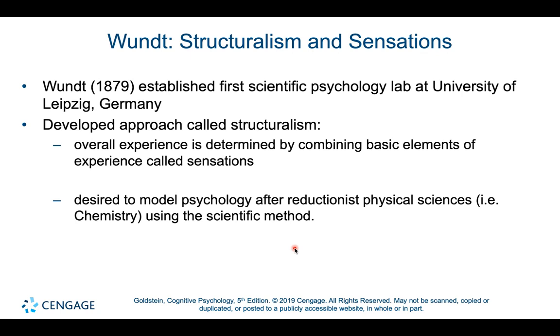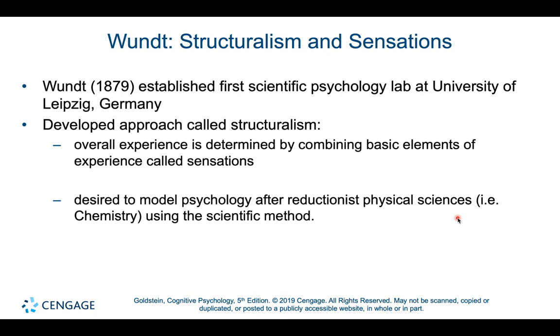It's not exactly the way that we would sort of prefer to do cognitive psychology, and it's certainly not the way we do cognitive psychology now. But Wundt was the first person to sort of explicitly say, I want to move psychology as a field into the scientific method. I want to move us closer to things like biology and chemistry or physics, these more reductionistic physical sciences.